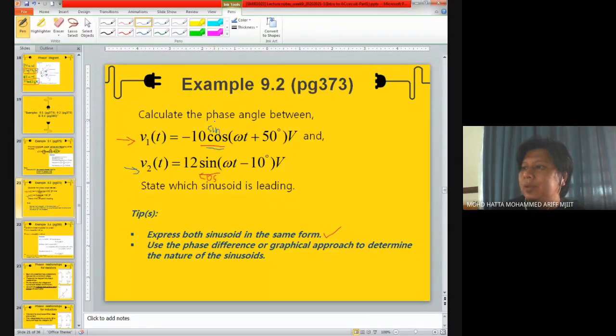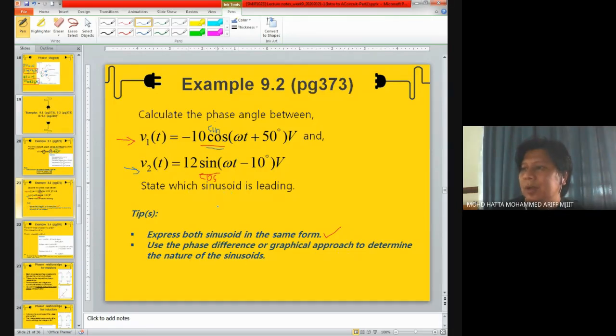For that, you need to have a look at the trigonometry identity and convert from cos to sine. Later on, you use phase difference or a graphical approach to determine the nature of the sinusoid.